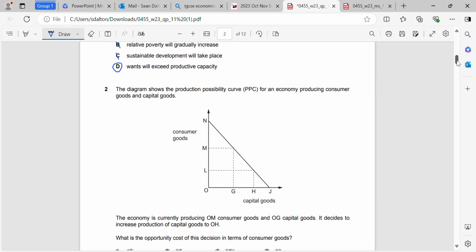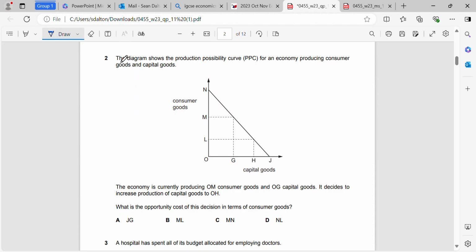Okay, so the second one: the diagram shows the production possibility curve for an economy producing consumer goods and capital goods. So we've got our consumer goods here on the vertical axis, and we have our capital goods on the horizontal axis. The economy is producing OM consumer goods.